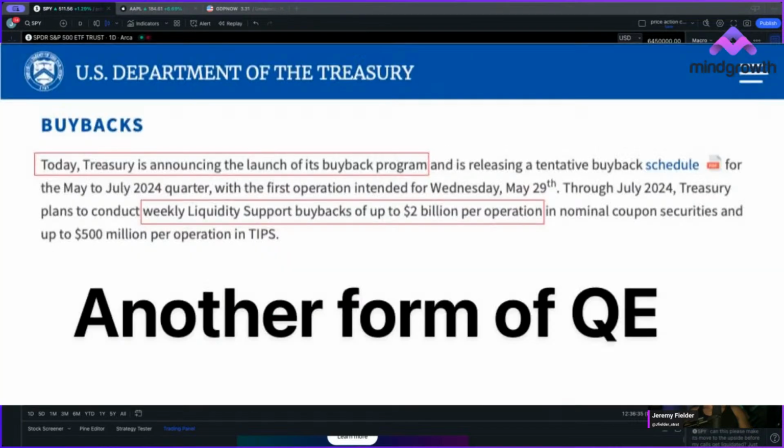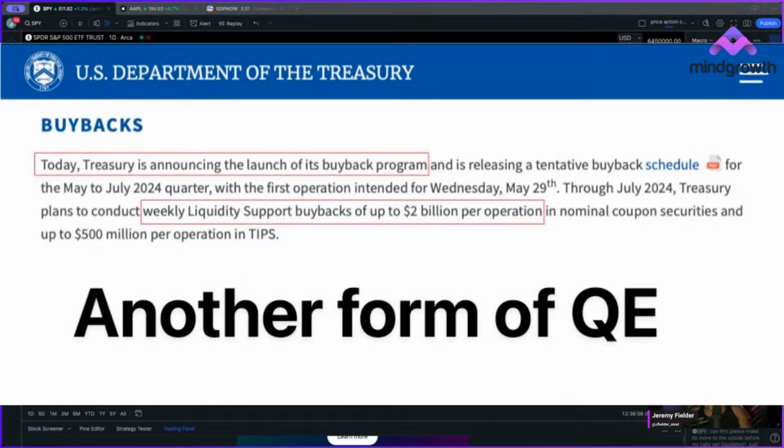On top of that, we have Janet Yellen, right? Well, I don't want to say just Janet Yellen, but the U.S. Treasury is now starting something they haven't done. I think they did this in 2002. It is a Treasury buyback program, just like a company would buy back its own stock.